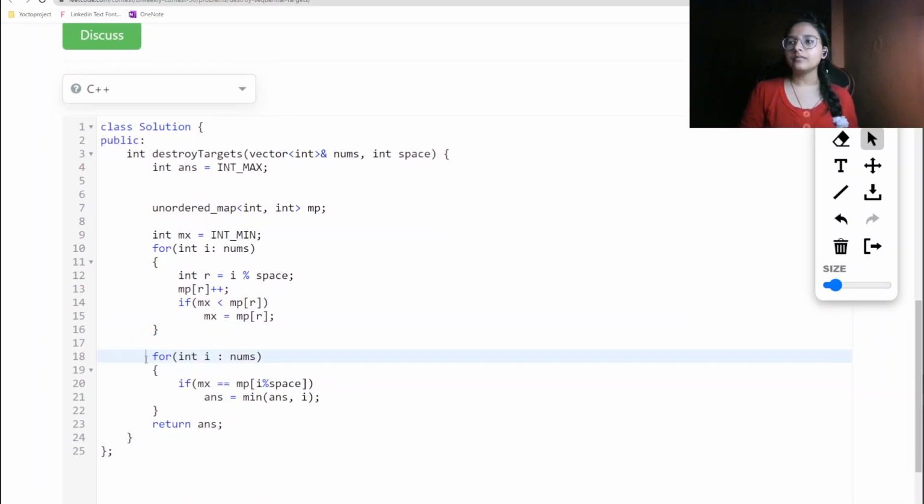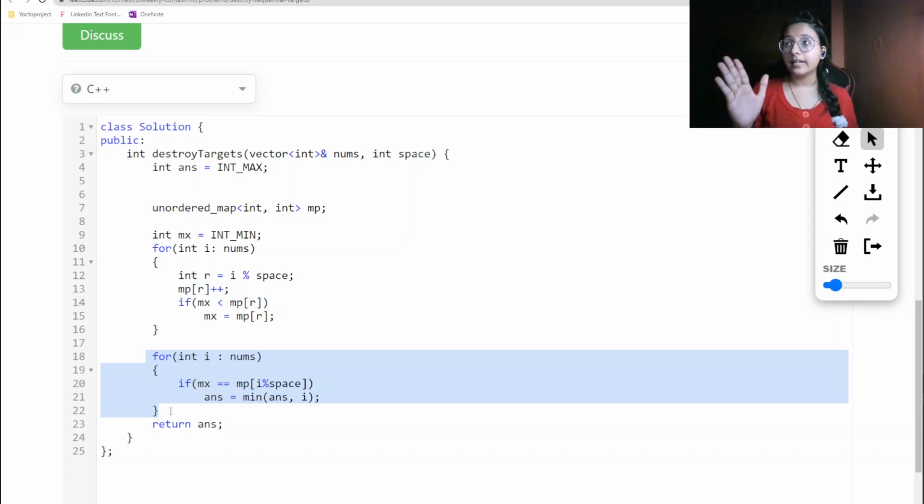of that particular remainder. Now in this array, we are iterating this nums again to get our minimum number.